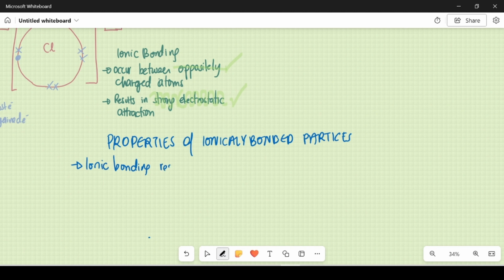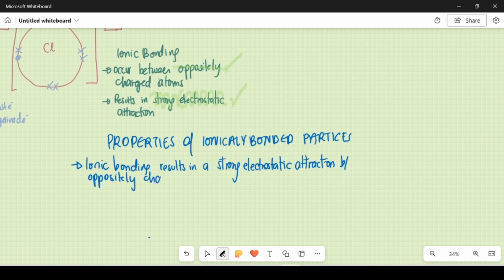Ionic bonding results in strong, there's a little bit of glitch, strong electrostatic attraction. Sorry, attraction between oppositely charged ions or charged atoms.